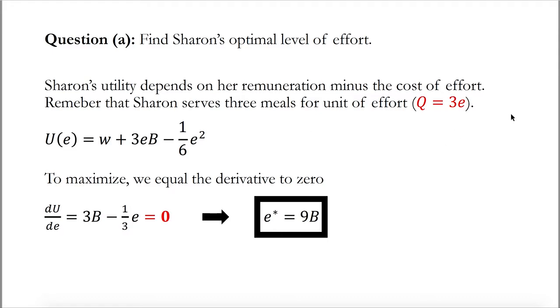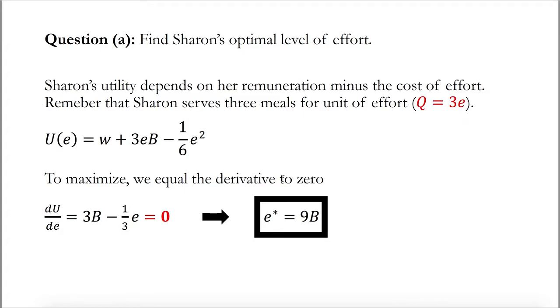In question A, we are asked to find Sharon's optimal level of effort. This is exactly as in the previous exercises, so nothing new here. Sharon's utility depends on remuneration minus the cost of putting some effort in her job. Remember that Sharon serves 3 meals per unit of effort. This is very important information that we have to take into account from now on.